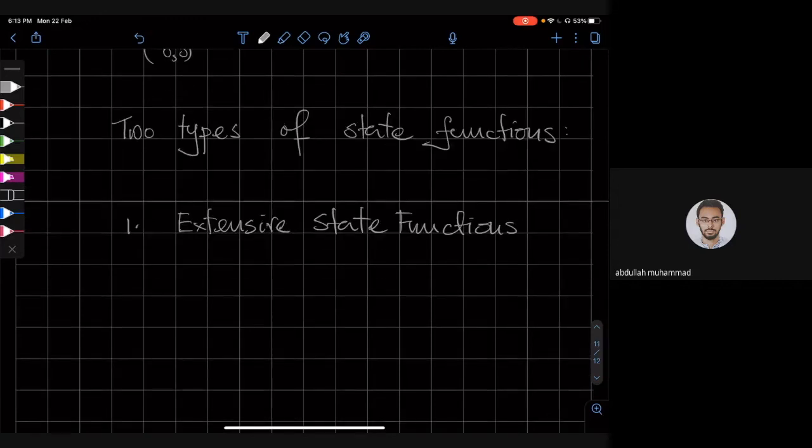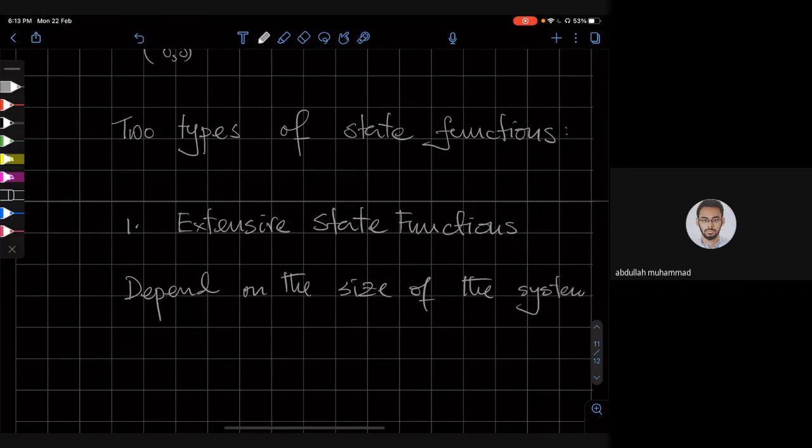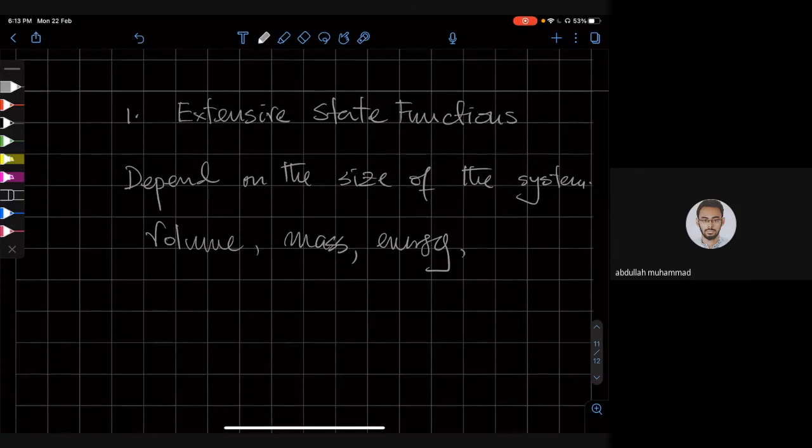These are functions of state variables which depend on the size of the system. For example, volume itself is a state function. It's a trivial function, but it's a state function. Also mass, the total mass, the total energy, and if you're looking at magnets, the total magnetization.